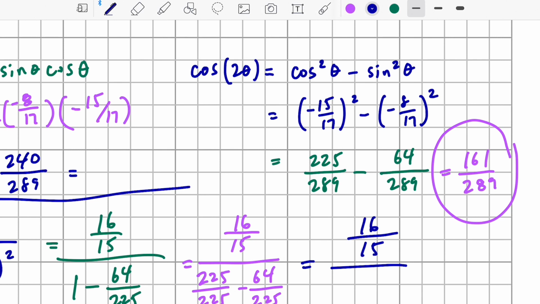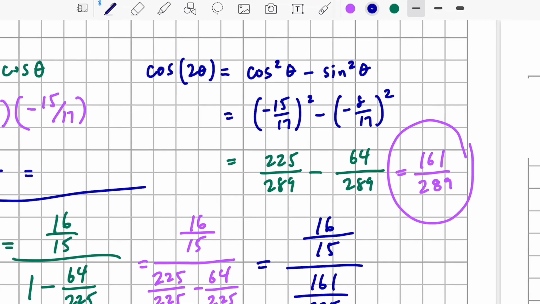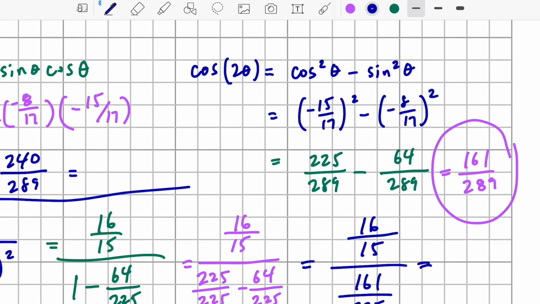Let's simplify the denominator. So 225 minus 64 is 161. Well, I had it already. So now I'm going to simplify, but before I do that, these both numbers can be divided by 15.